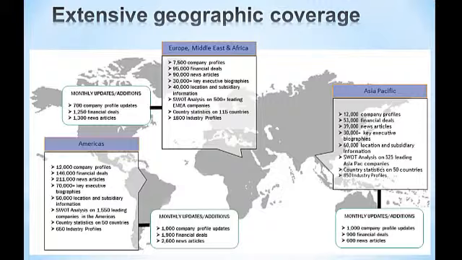Now, as with a lot of databases, particularly when they're coming out of the UK or the US, their content can be very US-centric. What I love about MarketLine is over 45% of it is Asia-Pacific focused, and so for us in Australia, that's brilliant. So you can see there's a real breadth of content there across the regions.